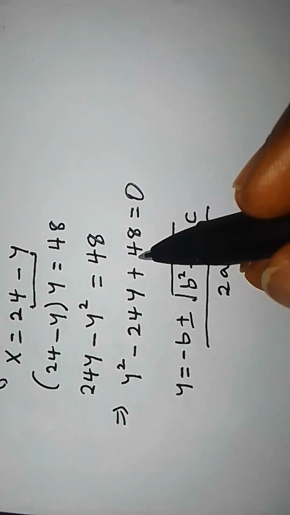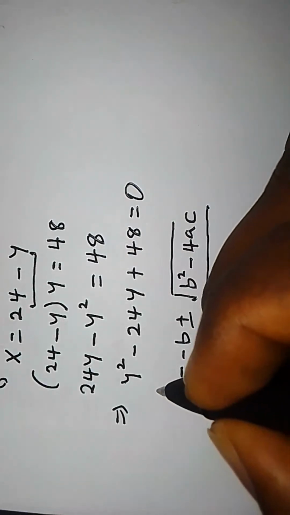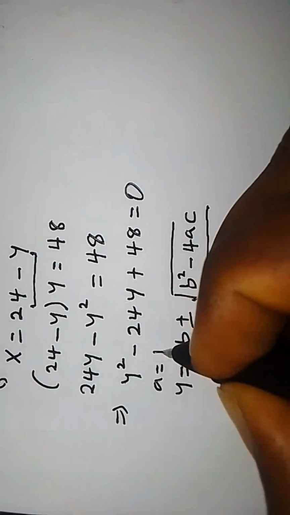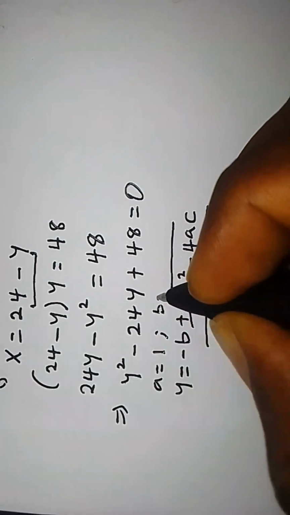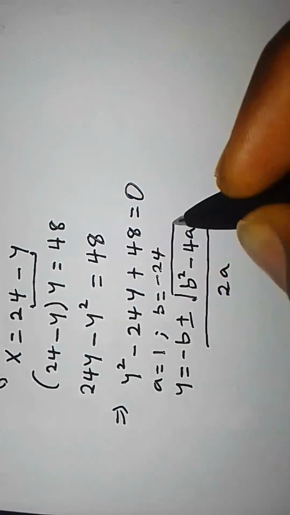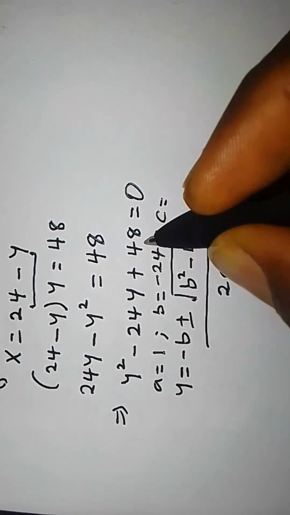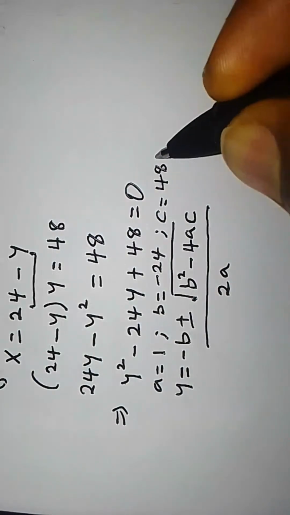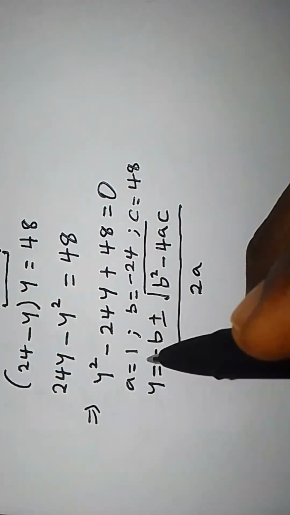From this equation, it is obvious a is equal to 1, b is equal to minus 24, and c is equal to 48. Those are the values of the constants.